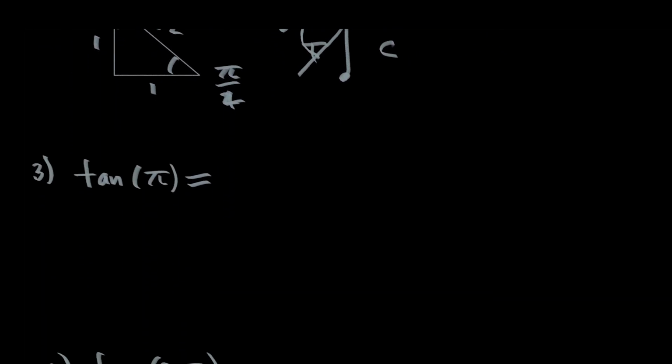What about the tan of π? Well, there isn't a special triangle we can draw for the tangent of π, and π is not one of the special angles, although you work with π a lot. But nonetheless, you know that the tangent of π is defined as the sine of π over the cosine of π.